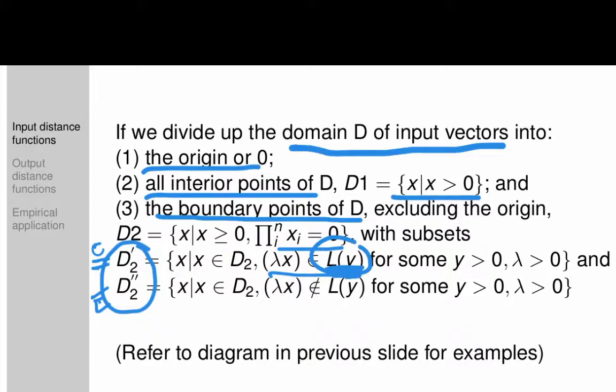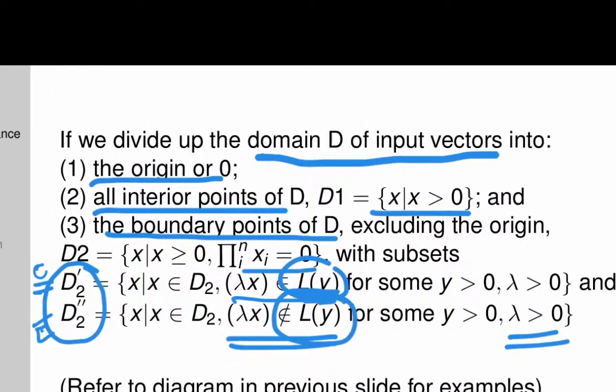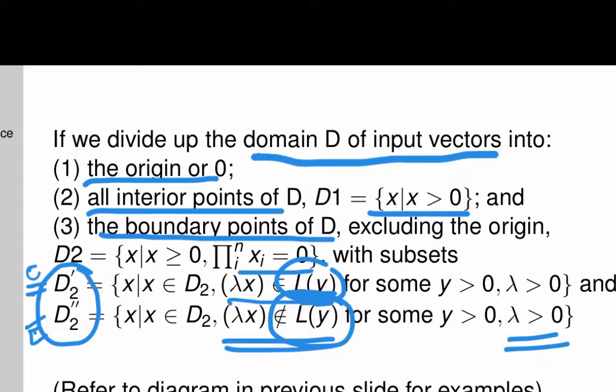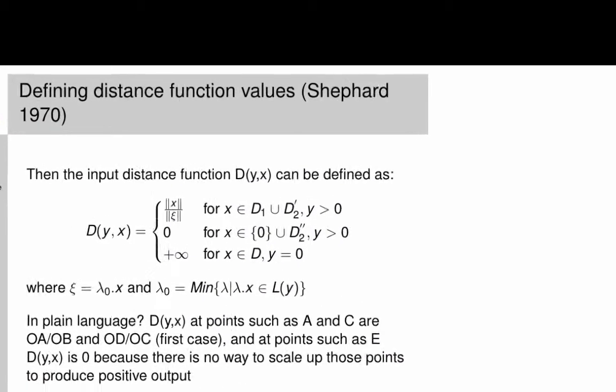The other subset of points is the points like E, where there is no factor lambda by which you could scale them up to make them members of the input requirement set. So such points are points where they are missing an essential input, and because they are missing an essential input, there is no amount of scaling that you can do to turn them into points that are capable of producing y. So what do these subsets mean for defining the input distance function?